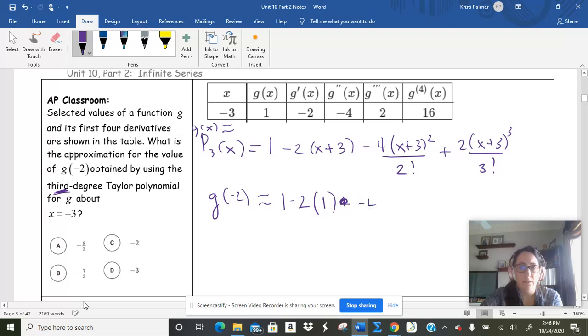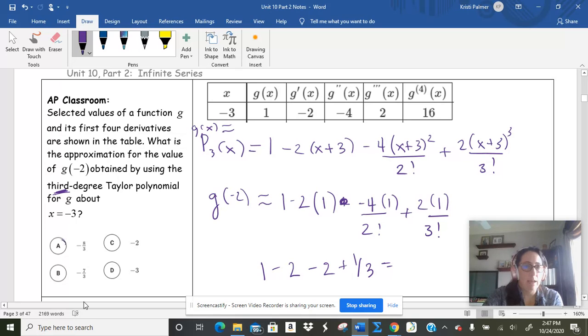Oops, that's a minus. Then we need to reduce this and put all those together, and I get A.